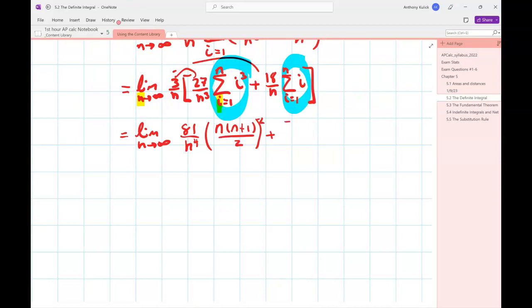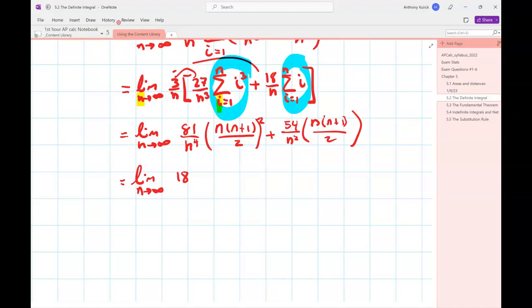18 times 3 is 54, I think. Everybody so far so good? Okay. All right. So I'm going to go ahead and multiply these fractions together. So I'm going to expand the one with the squared and then multiply the two fractions just to make a single fraction for each term.